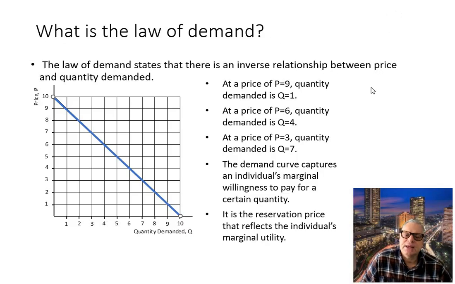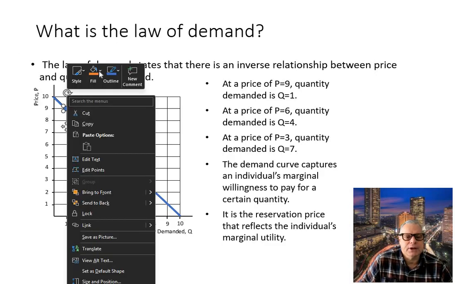But when I say at the price of P equals 9, quantity demanded is 1, that means if the price is 9, quantity demanded is just this dot. So maybe I give it a different color.